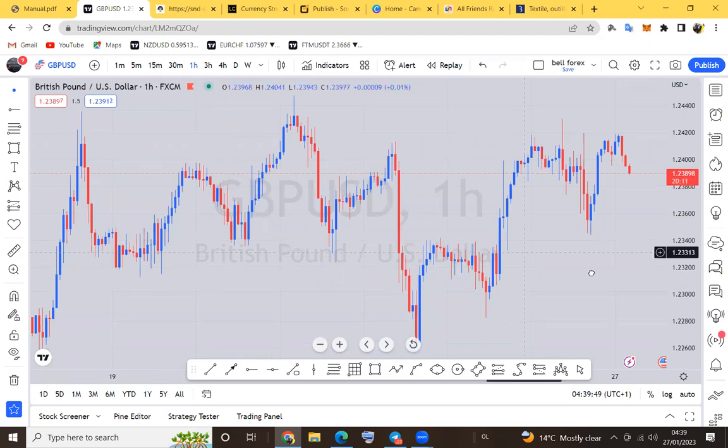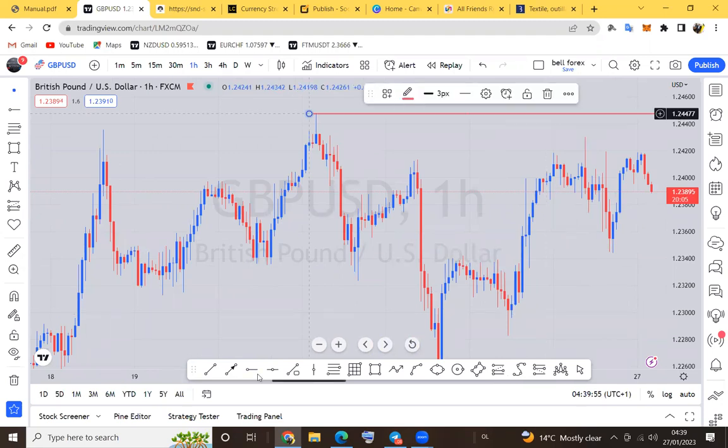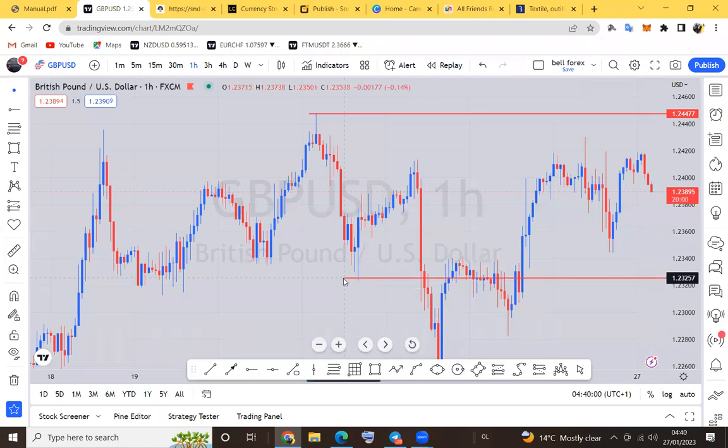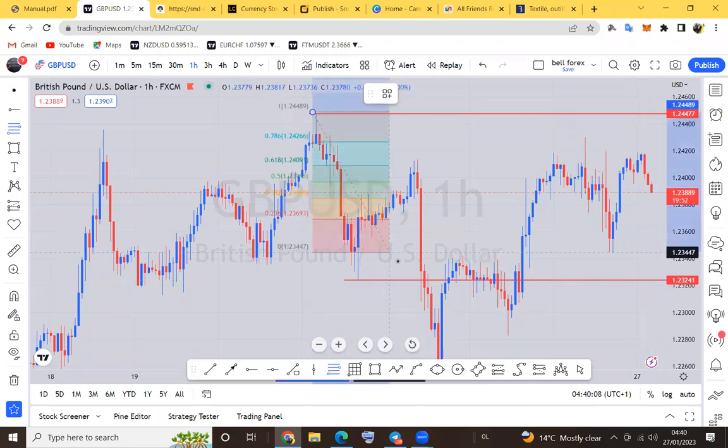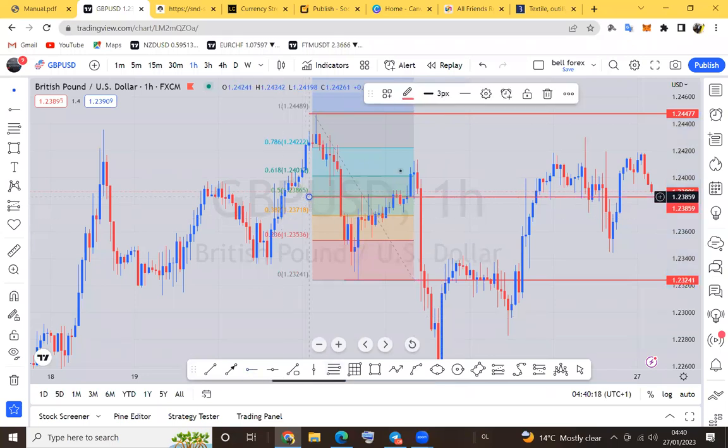You can utilize it as long as you have a movement. If I have a movement from this top here to this bottom here, I can use Fibonacci to find out the degree of pullback that I'm going to have. No matter where, I will put my inertia and pull it down to where it stopped. My first point of interest is to find out if the market has gone past 50%.